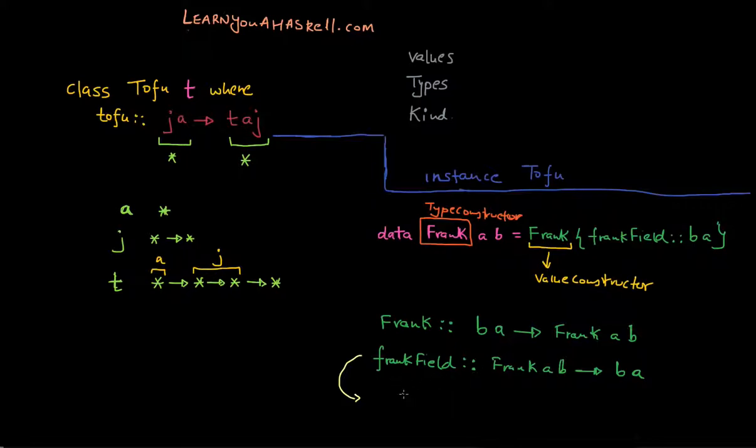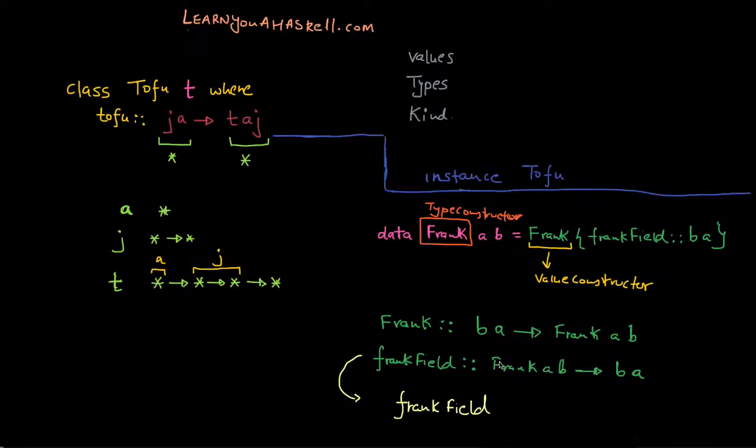To call it, I need to call my method Frank field and pass in some value that has a type of Frank a b. Now what does that even mean? What is that value that's going to have a type of Frank a b? And my follow-up question would be, what is this a in this case? What is this b in this case?